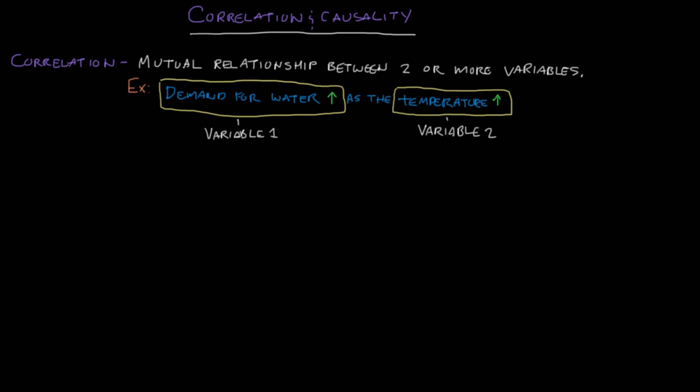Now, correlations can be calculated by examining the data sets associated with the two variables. In this instance, if we wanted to calculate the correlation between demand for water and temperature increase, we could take the sales revenue of, say, bottled water over an extended period of time and compare it with the varying temperatures over an extended period of time. And we can incorporate correlations to penny stocks as well. Financial firms, hedge fund managers, and savvy traders are known to use correlation coefficients when comparing different financial securities.